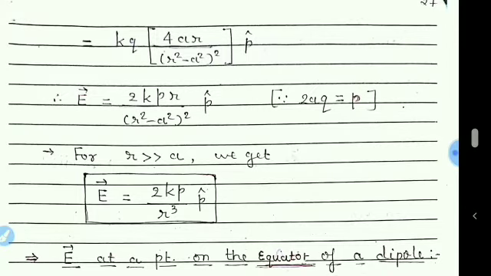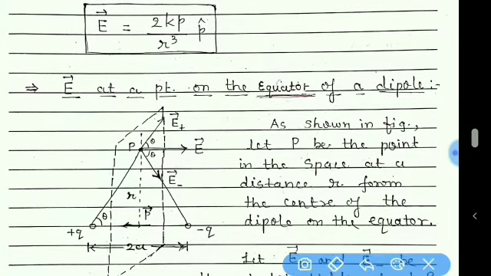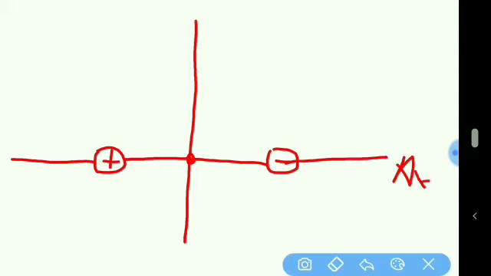Now, next we will obtain electric field of our dipole on the equator. Now, to find electric field on an equator, we know that a dipole, its midpoint, and a line passing through the midpoint which is perpendicular to the axis of a dipole is called equator.